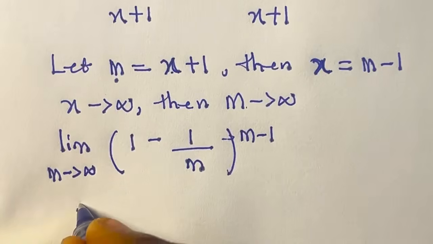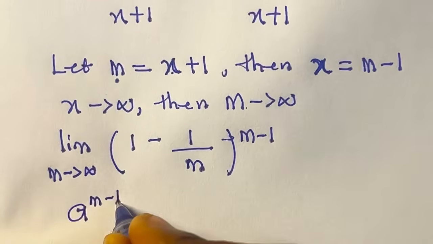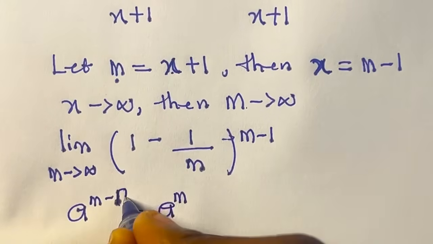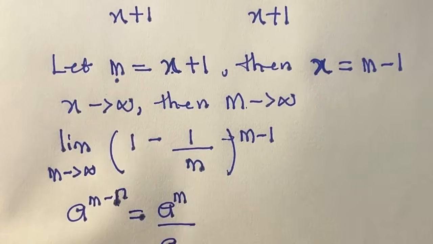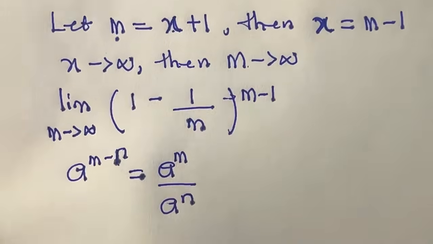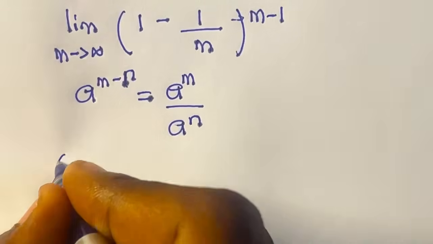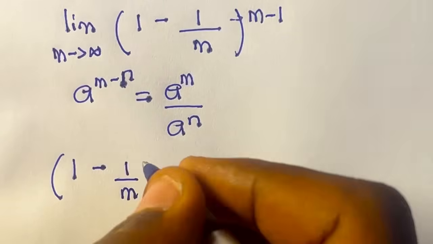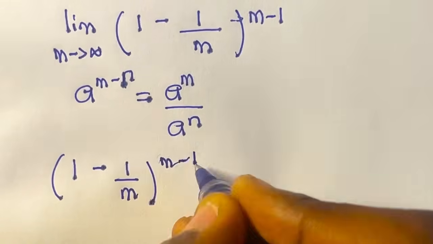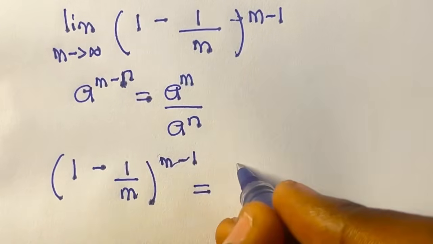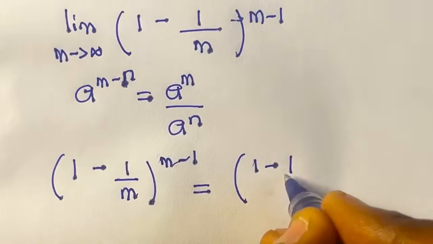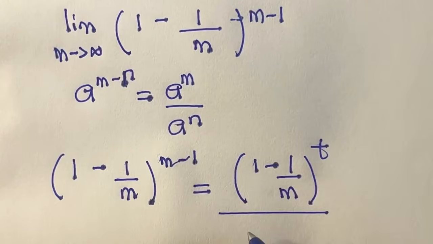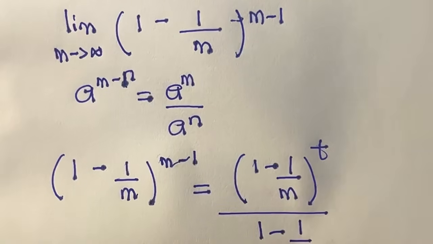Remember that if you have a raised to power m minus n, from the law of indices this equals a raised to power m divided by a raised to power n. Therefore, 1 minus 1 divided by m, all raised to power m minus 1, equals (1 minus 1 divided by m) raised to power m, divided by (1 minus 1 divided by m).